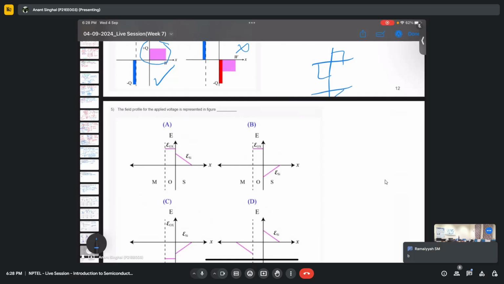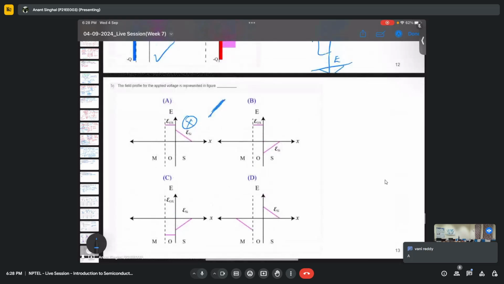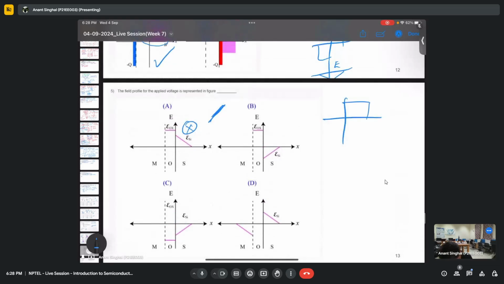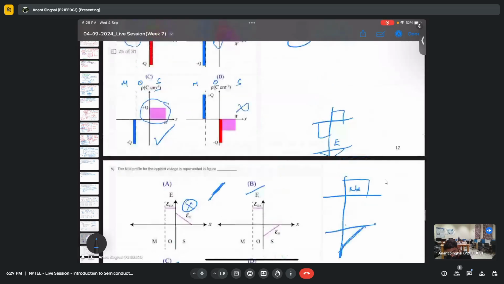So I've got one as B, option A, sir. I've got one as A. So let me try it. A cannot be correct because we will have a negative slope, because I hope you remember for the PN junction we solved for the N side. The corresponding electric field should look like this. So either B will be correct or C will be correct. A will not be correct, D will not be correct. So now we check. Okay, yeah. So for the oxide field, since we have some negative in this region, we'll always have the equal oxide.